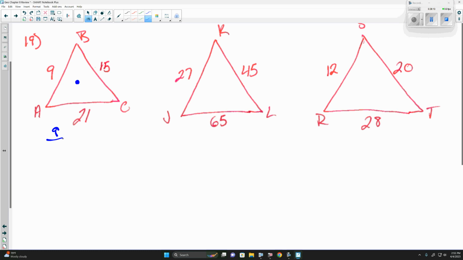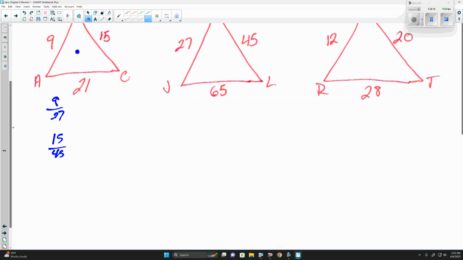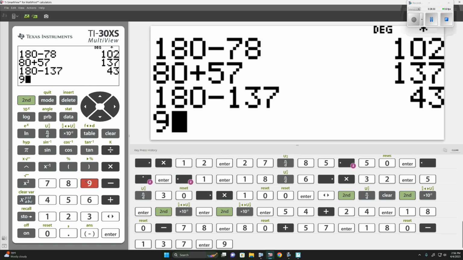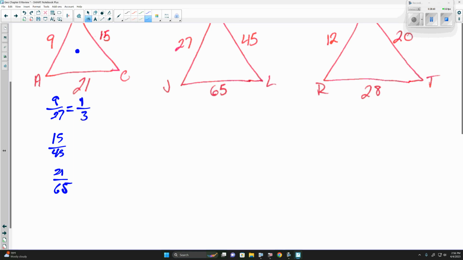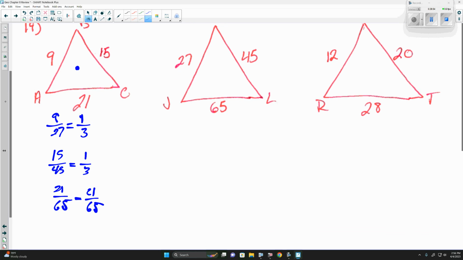We can say 9 over 27, 15 over 45, and 21 over 65. 9 over 27 is 1/3, 15 over 45 is 1/3, 21 over 65, so close. So ABC is not similar to JKL.